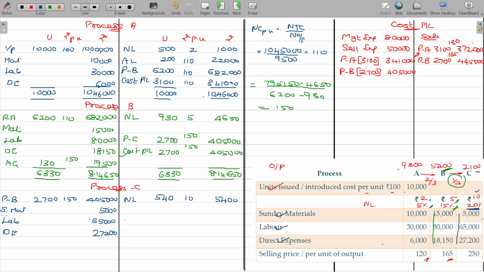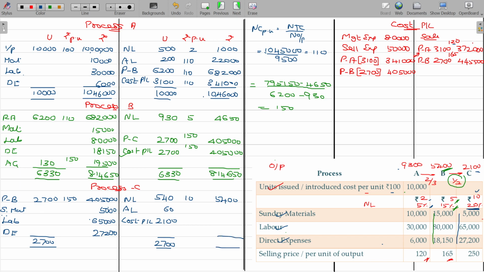This output is no more processed further, so immediately transfer over to the costing P&L account for the sale. 2100. Now you tally the units column first of all. If I tally the units column, again I get loss only here. 2700, 2700, abnormal loss we have. The abnormal loss here we get being 60. Am I right?